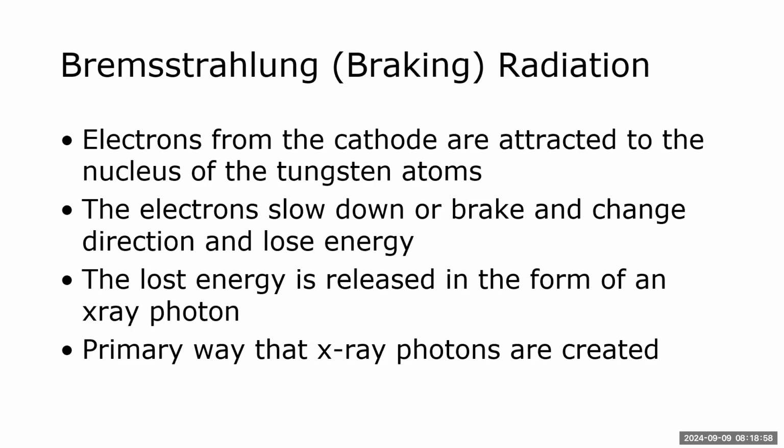The lost energy is released in the form of an X-ray photon. Again, a photon is like a bundle of energy. And that's the primary way that the X-ray photons are created at the anode target. So the majority of the X-ray production is created through bremsstrahlung. Okay, braking. That's what bremsstrahlung means.